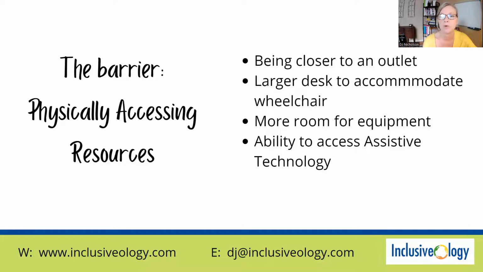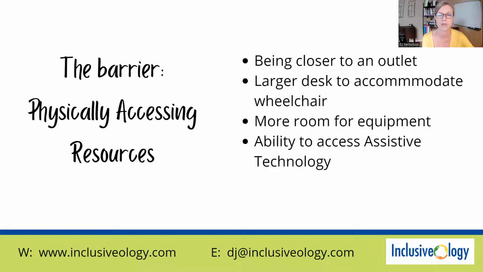They also might need more room for equipment depending on the level of physical disability that they have. And they're also going to need to have access to assistive technology. And I say this a lot, I'm sure you've heard me say it if you've watched my videos, you've seen me on other platforms. Assistive technology is the missing piece when it comes to having kids be successful in accessing content, accessing their setting, and accessing and engaging in all of their learning.